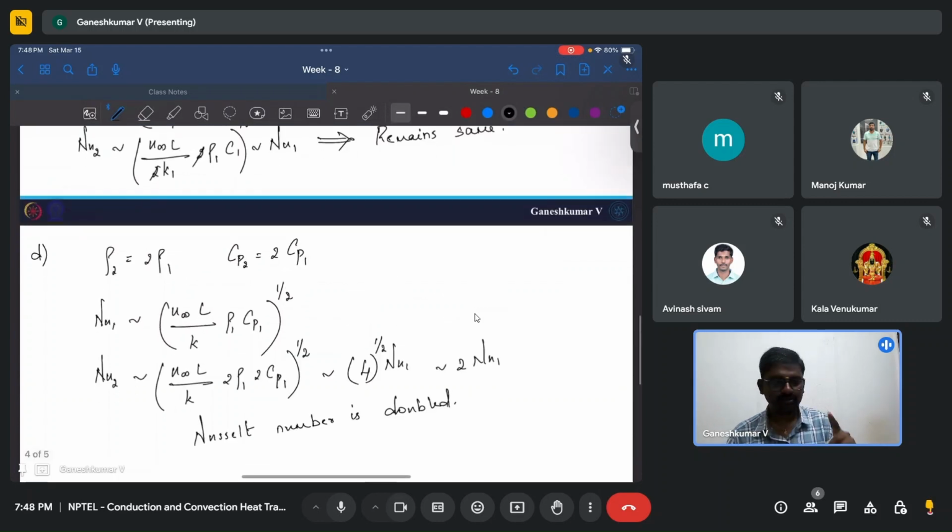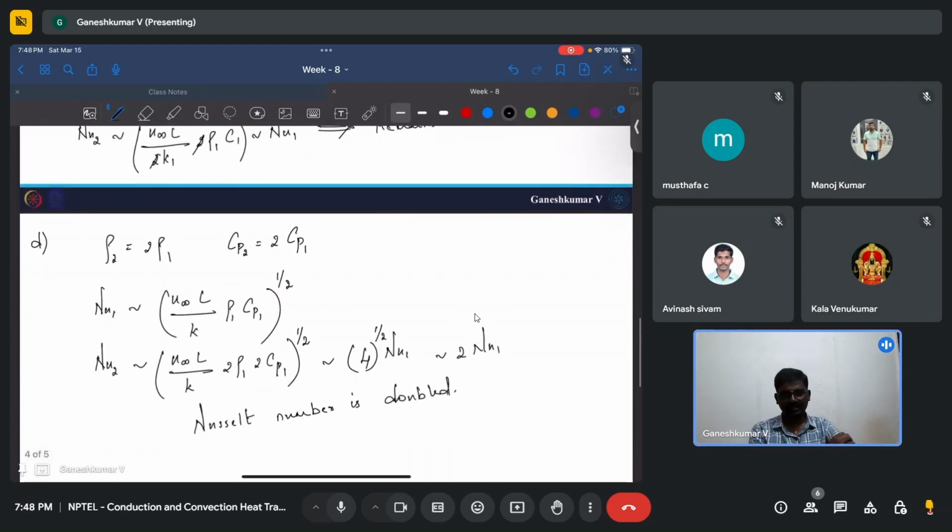So you can also think in these terms. When you change the density, you have more fluid going through, and when you change the heat capacity, the capacity of the fluid to take the heat from the wall is also increasing. So if you just change the density, it is going to increase your Nusselt number.